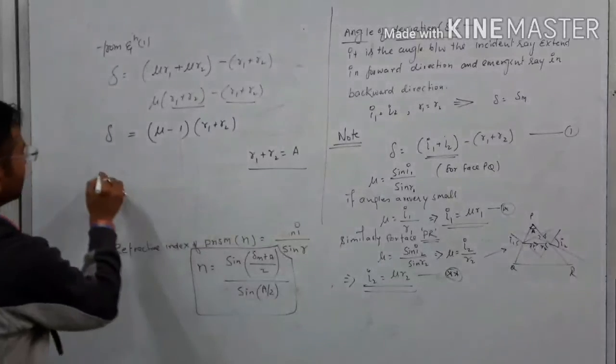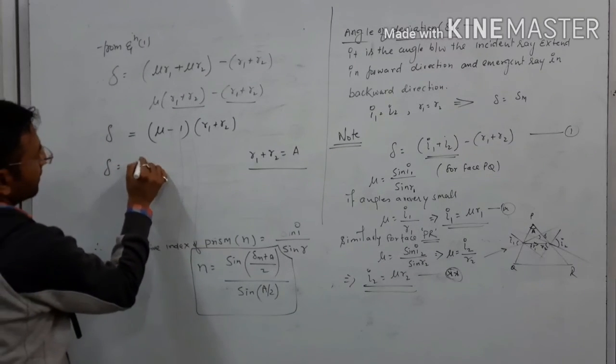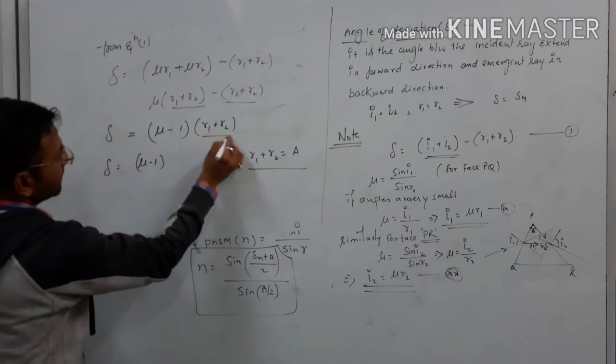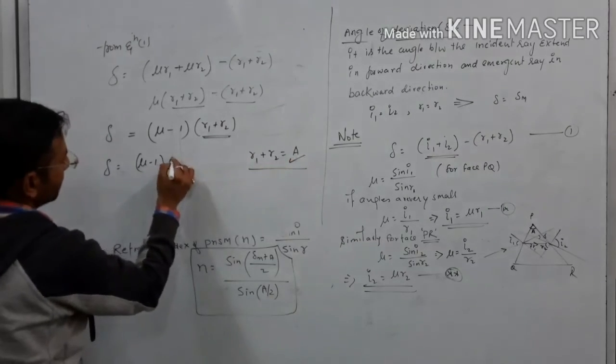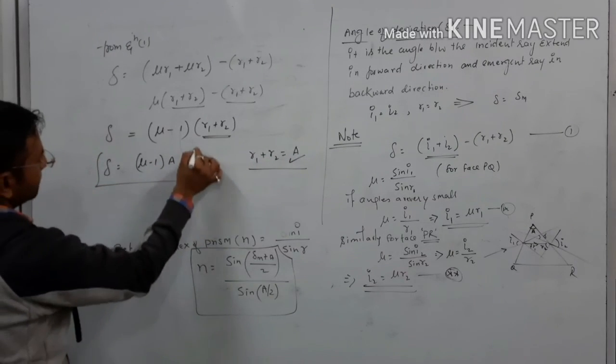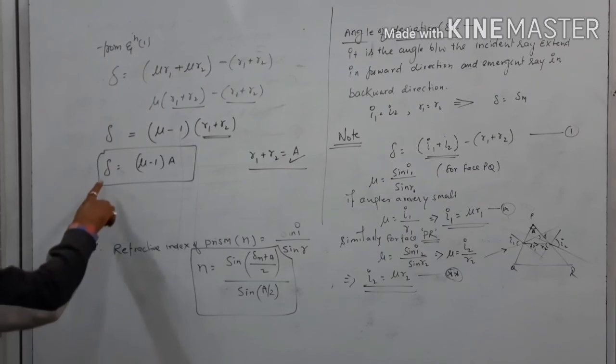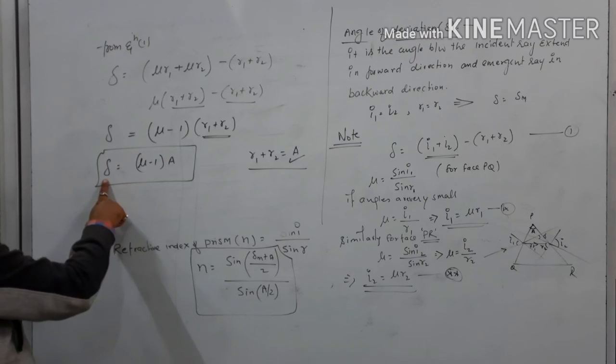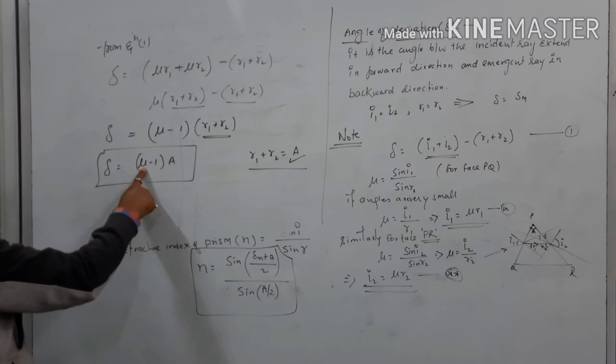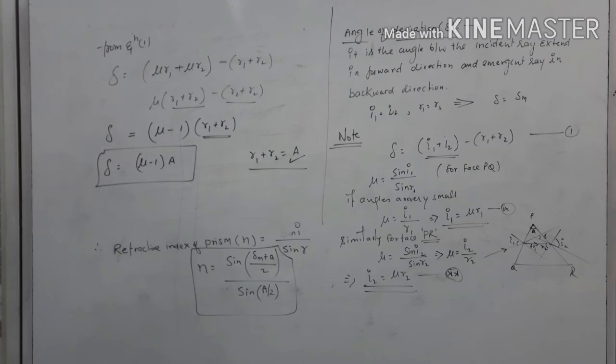So you can substitute the value of R1 plus R2 which is equal to A. This is also one of the conditions relating the minimum angle of deviation, or angle of deviation, and the refractive index of prism. Point clear?